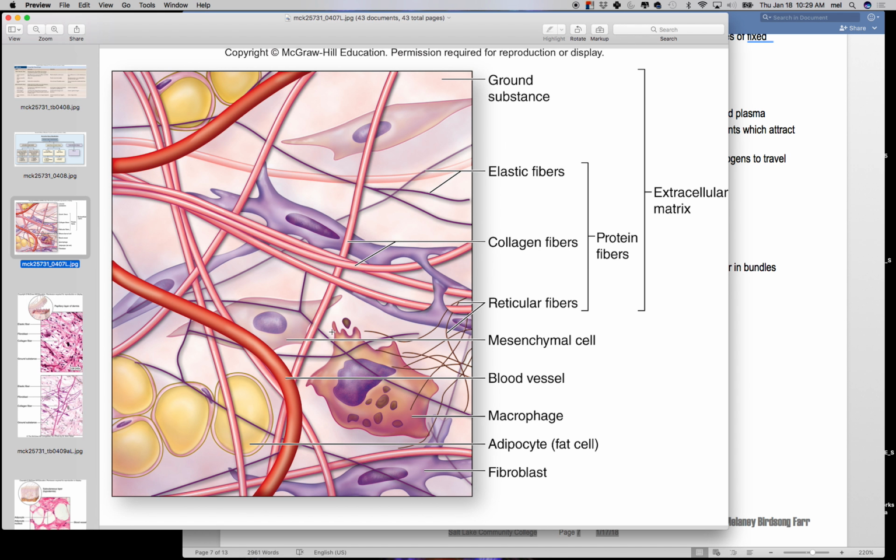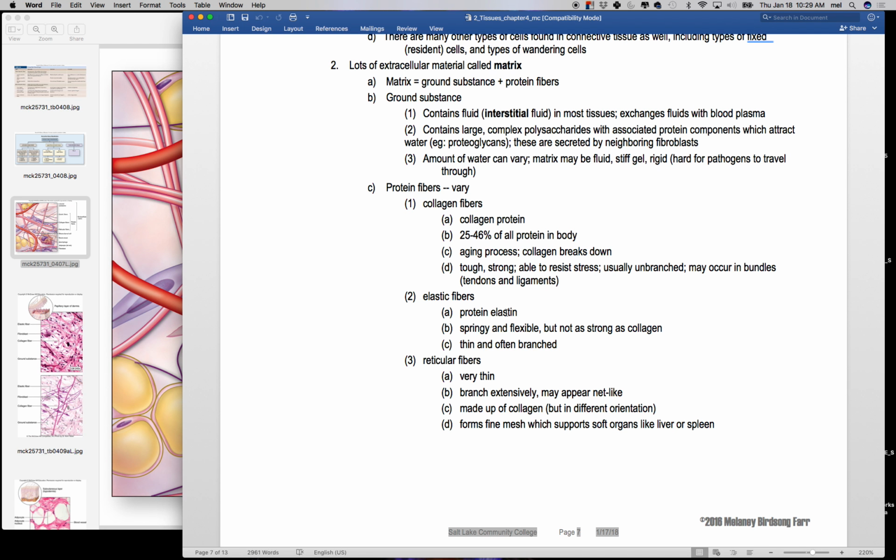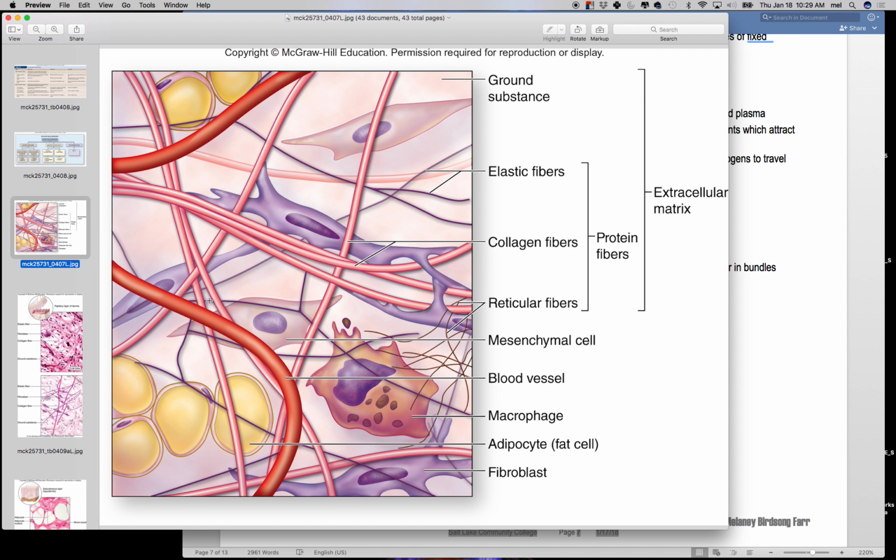And then the fibers, basically you're going to run into 3 categories of fibers. And we'll identify these as we're going through the tissues. The 3 categories of fibers are collagen fibers, which tend to be relatively thick and unbranched, and usually but not always stain bubblegum pink.